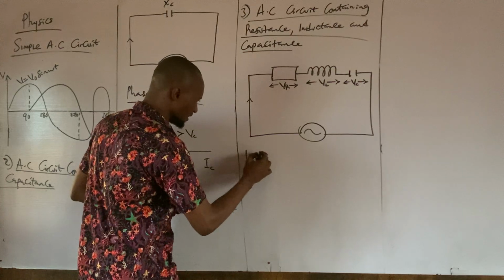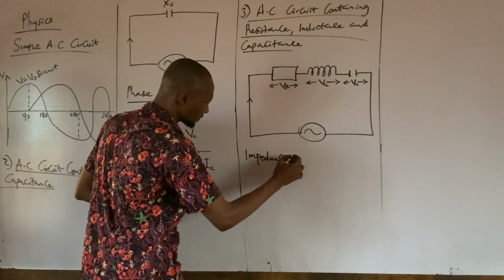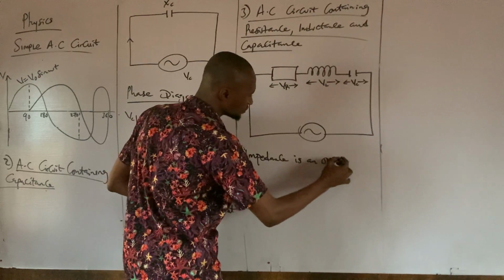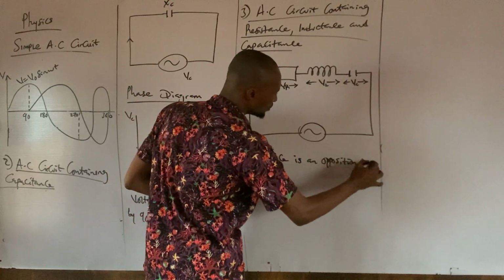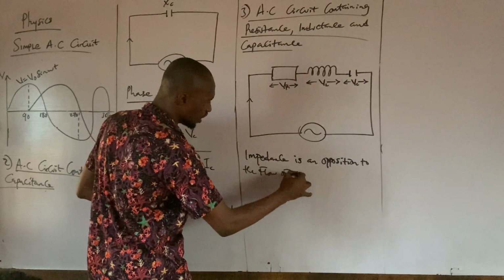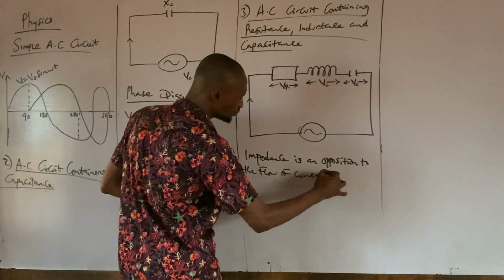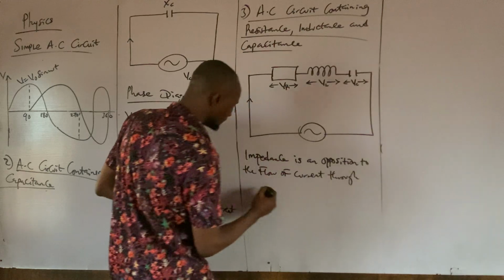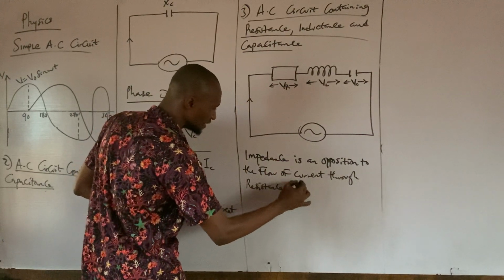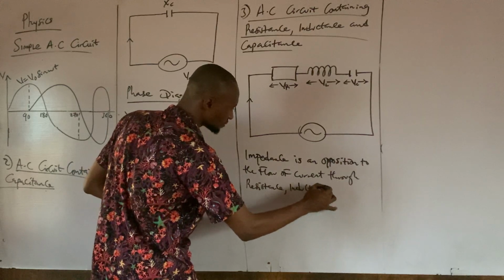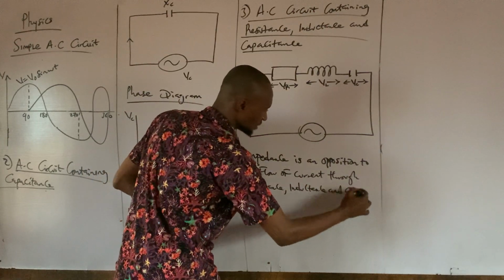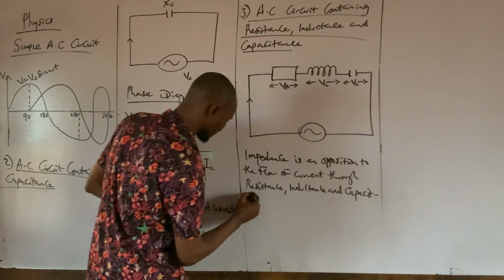Impedance is an opposition to the flow of current through resistance, inductance, and capacitance.